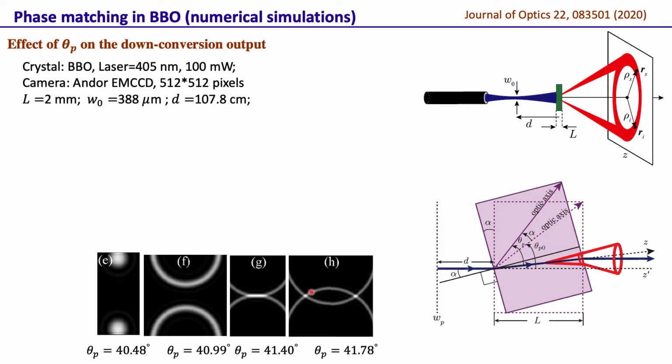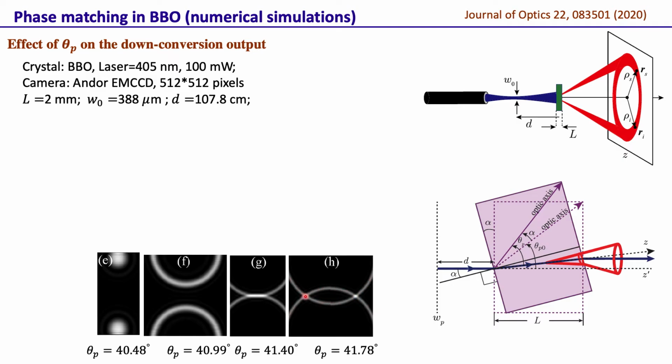Just a very quick comment here: these two overlapped points that we see, if we just pick up these two points, that actually gives us entangled photons, entangled in the polarization basis. This is because this is the extraordinary polarized ring and this is the ordinary polarized ring.